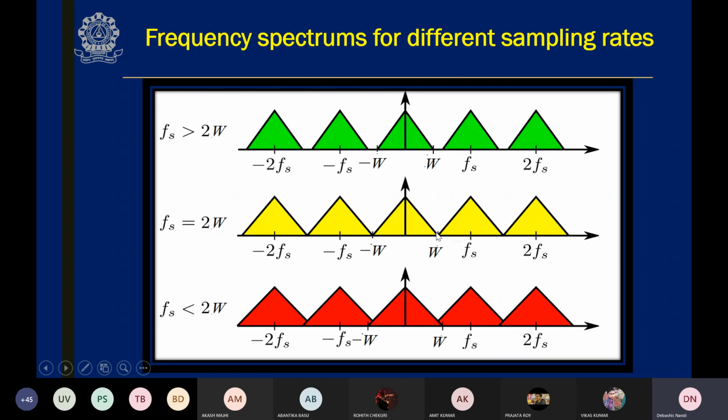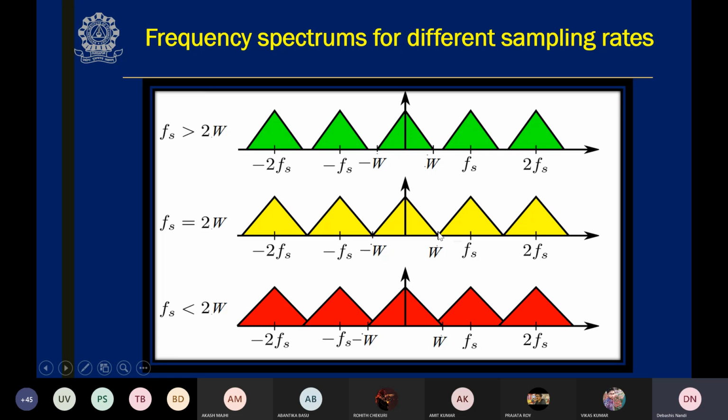Suppose the bandwidth of your low pass filter is slightly greater than W, a very small increment, then some frequency component of the next unwanted band will appear in the filter output. That will create an unwanted effect called the aliasing effect.